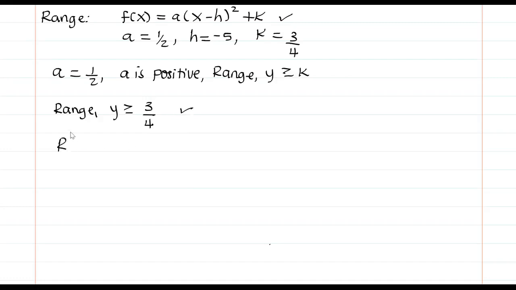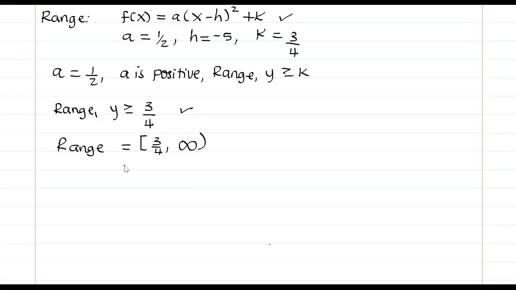But in the interval notation, our range equals, we shall start from 3 over 4 and above. So inclusive 3 over 4, and then we go up to positive infinity.